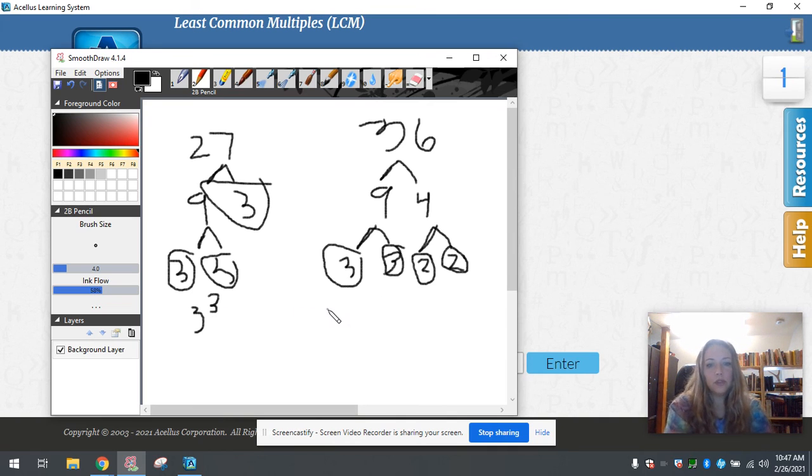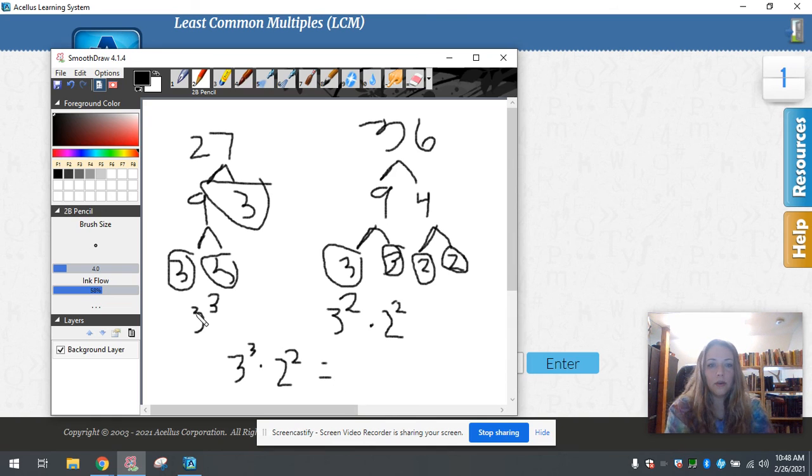For this one, I have 3 times itself twice. I write 3 to the power of 2. And this one, I have 2 to the power of 2. Okay. So then I look, are there any matching bases? Yeah, these both have 3s. I'm going to keep the bigger one. So 3 to the third. And then the 2 squared, it doesn't match, so I include it in my list.